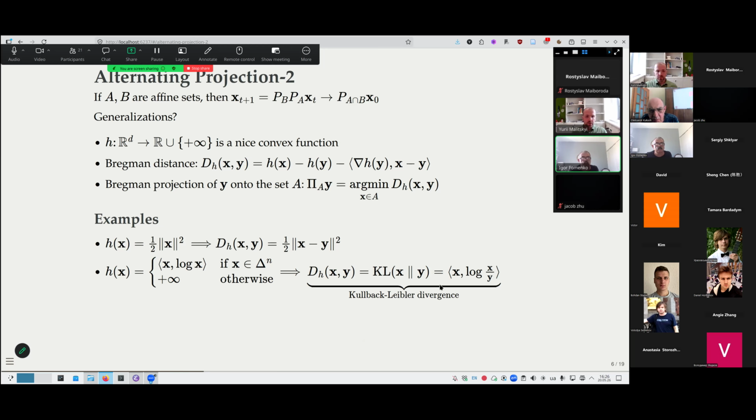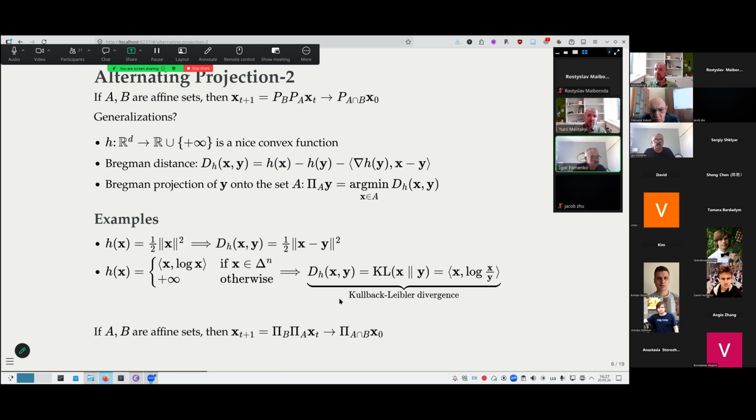So this is for this h. These are the two most prominent examples, right? One is Euclidean, another is Kullback-Leibler divergence. So when h is entropy, the same result will hold. If A and B are affine sets, and now we use not a Euclidean projection but this generic Bregman projection, we still have the same result that we converge to the projection of x0 onto this intersection.